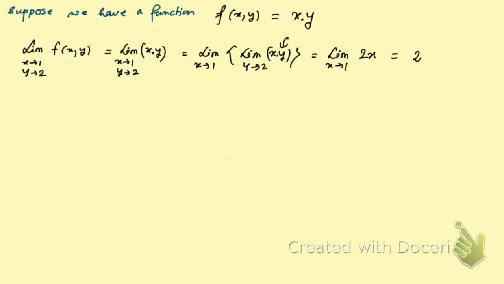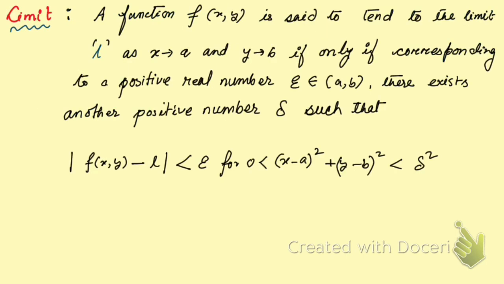Okay, so now you see, this is the L for this particular function. For this particular function, this is the limit L. And here x tends to 1, y tends to 2. That means, here you see we used to write x tends to a, y tends to b.